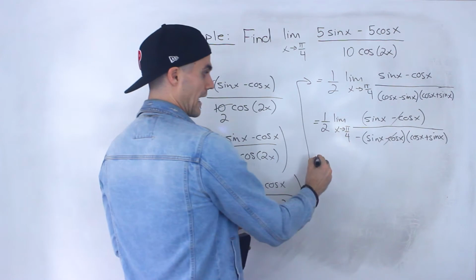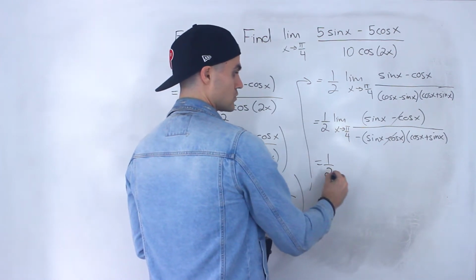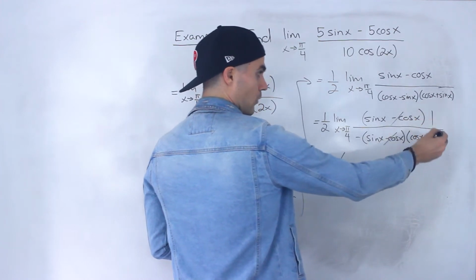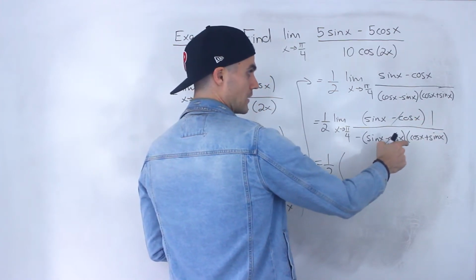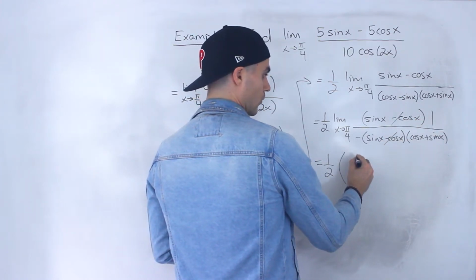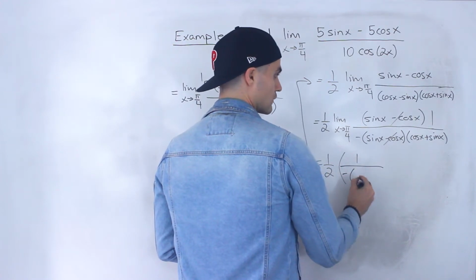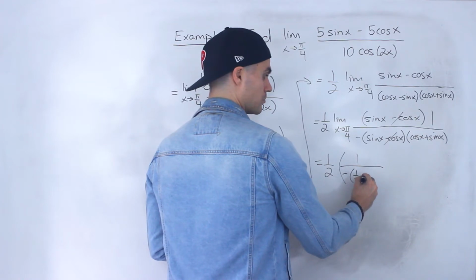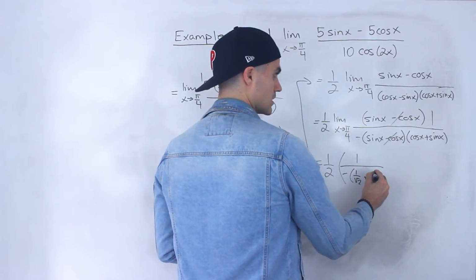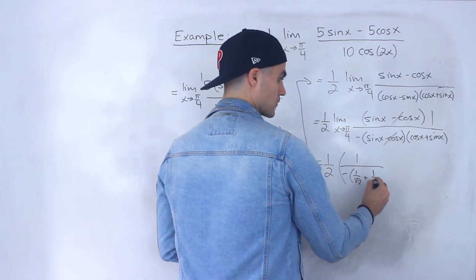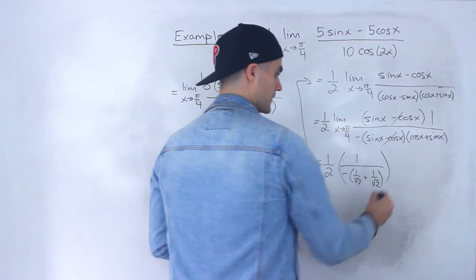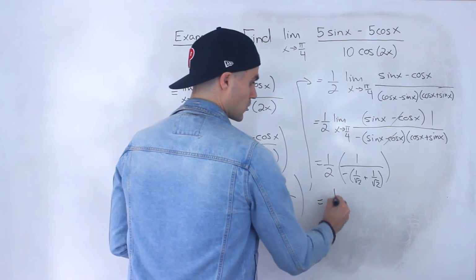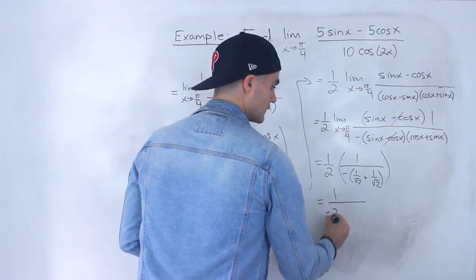So what we would have here is 1 over 2. We would end up with a 1 up top, and then we'd have 1 over negative, cos of pi over 4, which is 1 over root 2, plus sine of pi over 4, which is 1 over root 2.